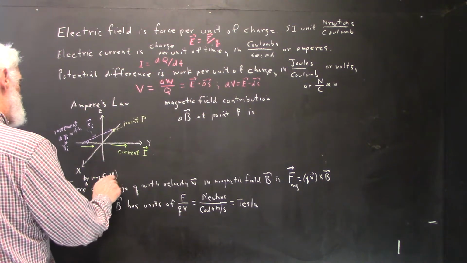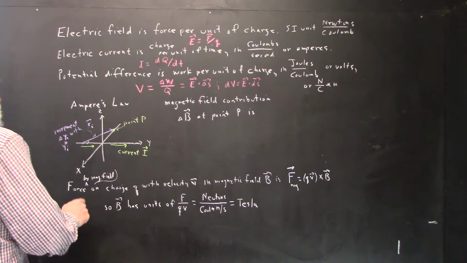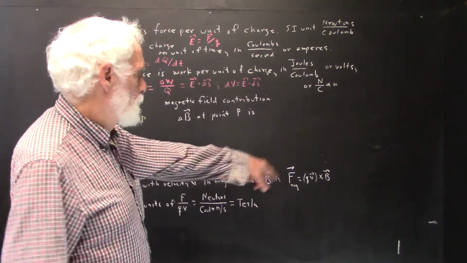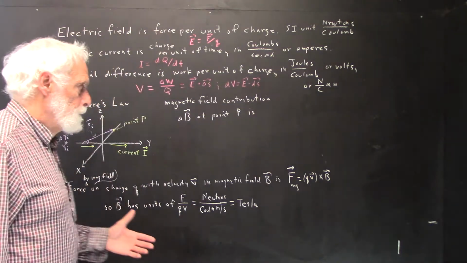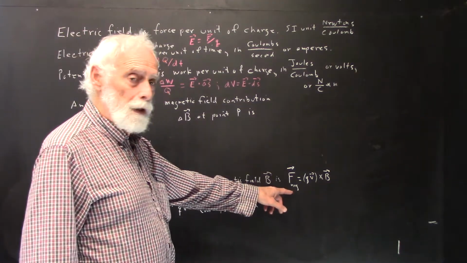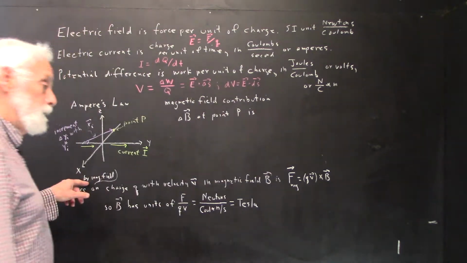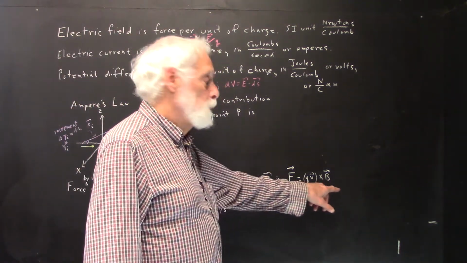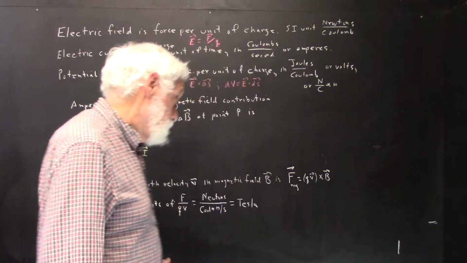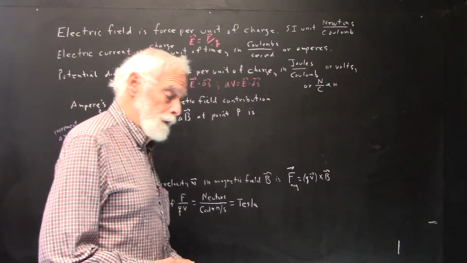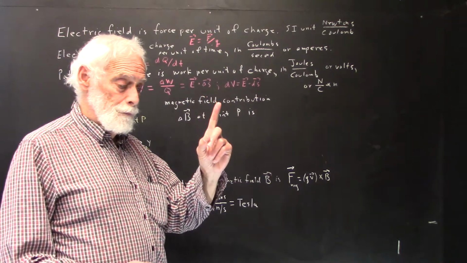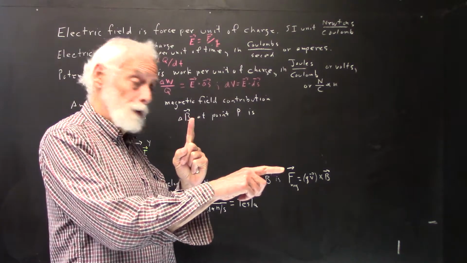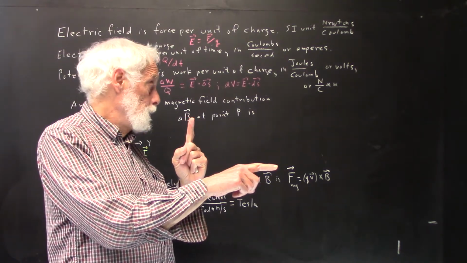I put the mag on there because I hadn't specified force by the magnetic field, but there it is, QV cross B. Okay, that's very simple to understand. If the magnetic field is up and you have a positive charge moving in this direction, then QV is in this direction. And you do the cross product.